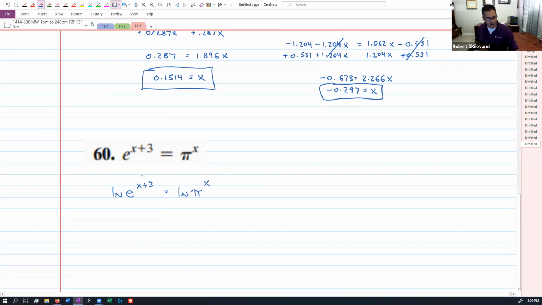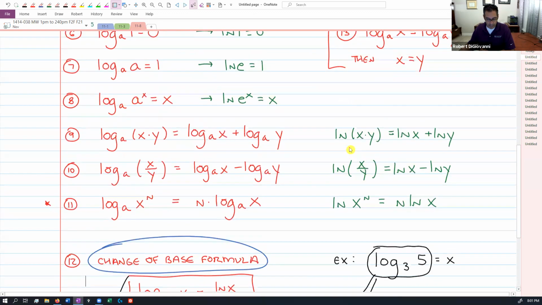Now, the left side, the x plus 3 comes down. I have x plus 3, natural log of e, that's weird, equals over here, x comes down, and then natural log of pi. Now, I'll remind you, natural log of e, if you do it on your calculator, you can get an answer, but we also talked about some of these properties.